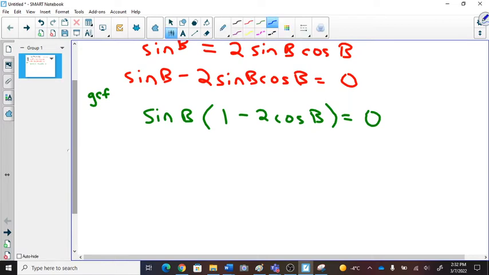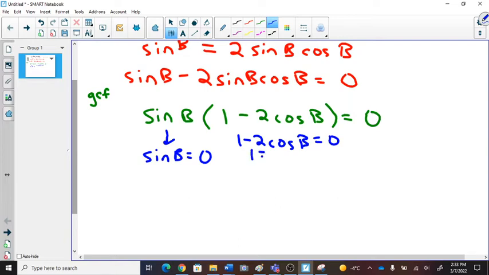Now you want to alternate things being 0. So this sine b equals 0. And this one, do you want me to do it the long way maybe? It might be a little hard to see. I need this to equal 0.